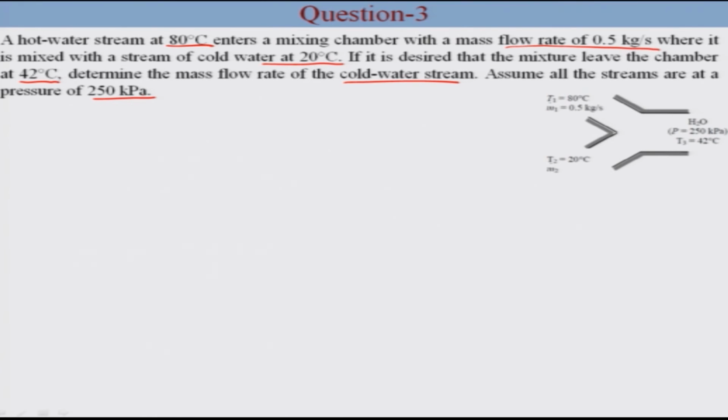So, here we assume the mixing chamber as the system, and this is a control volume, since two streams are coming into the system and one stream is going out of the system.